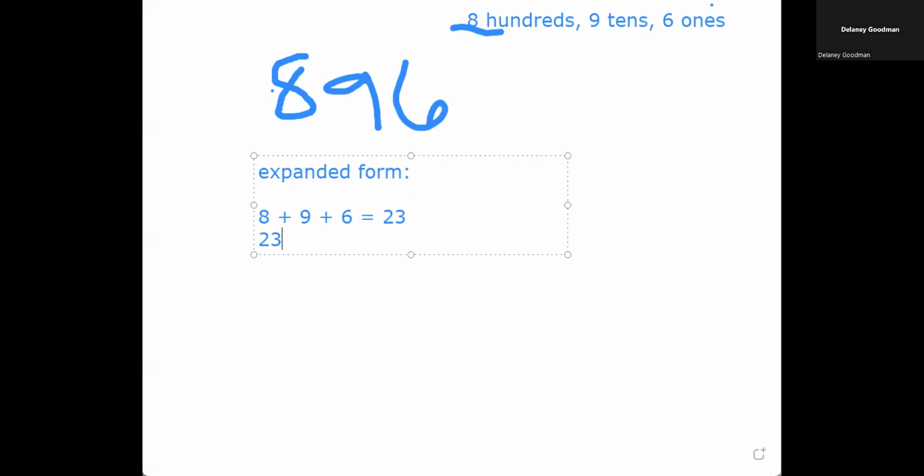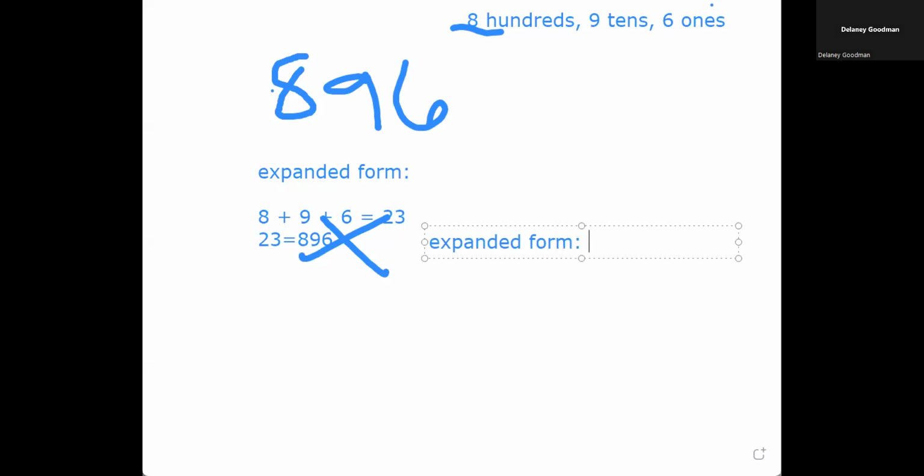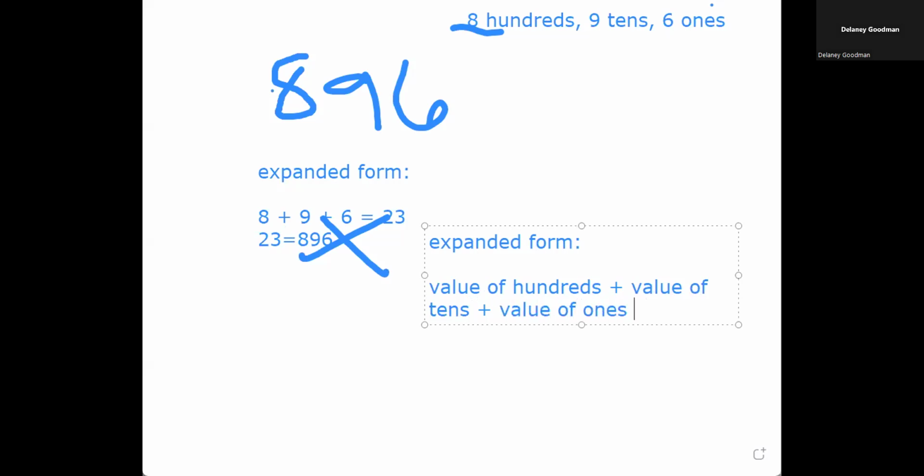Is 23 equal to 896? No, that's not equal. We know that that is not correct. So what does it mean to have expanded form? Well, expanded form equals the value of the hundreds place plus the value of the tens place plus the value of the ones.